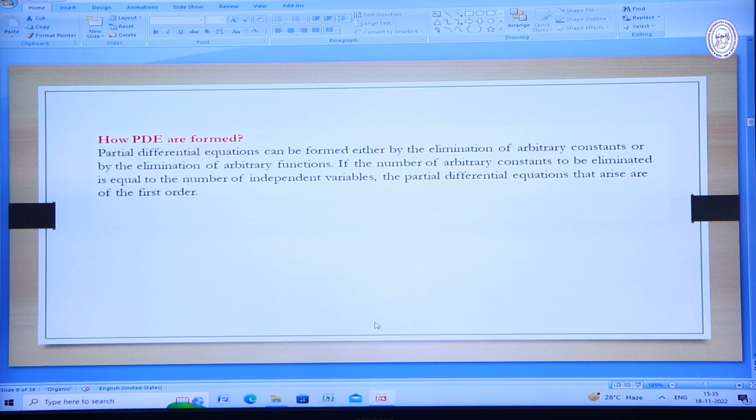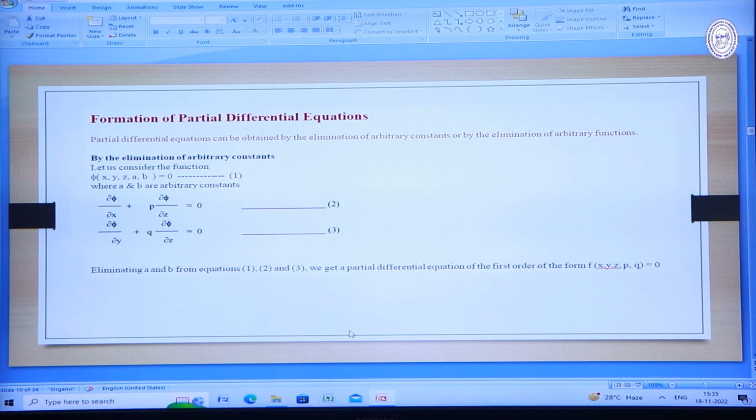If the number of arbitrary constants to be eliminated is equal to the number of independent variables, the partial differential equation that arises is of the first order. Formation of partial differential equations: a partial differential equation can be obtained by elimination of arbitrary constants or by elimination of arbitrary functions.